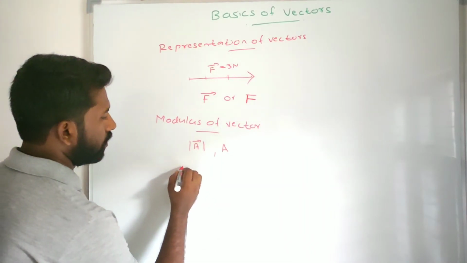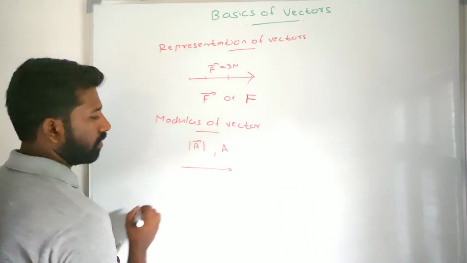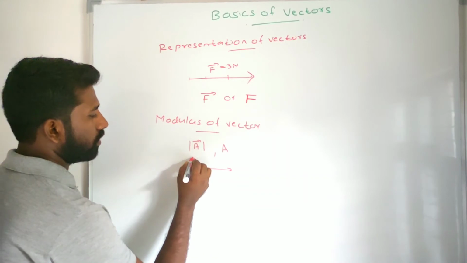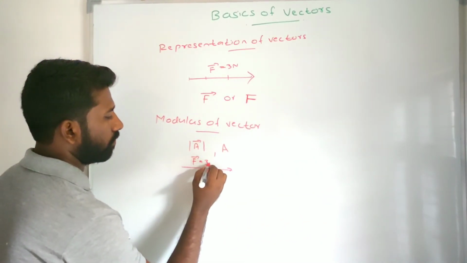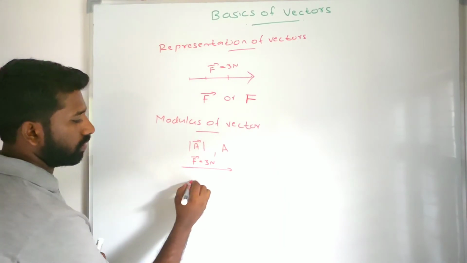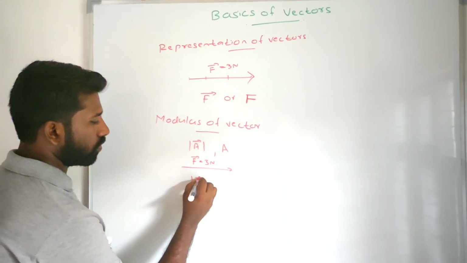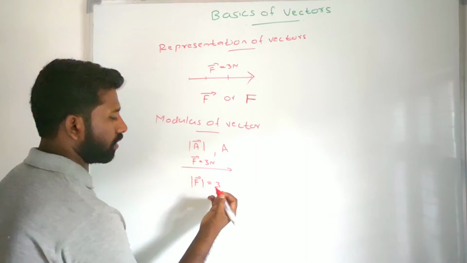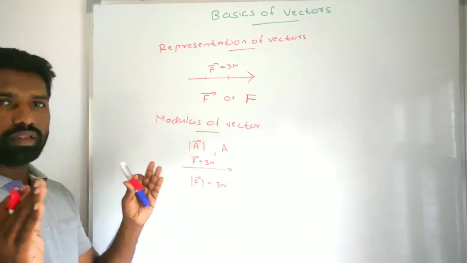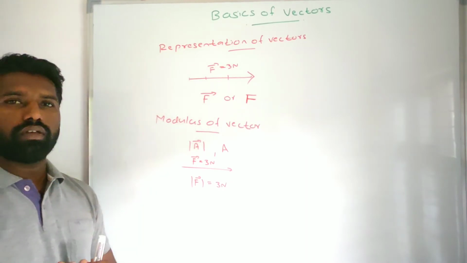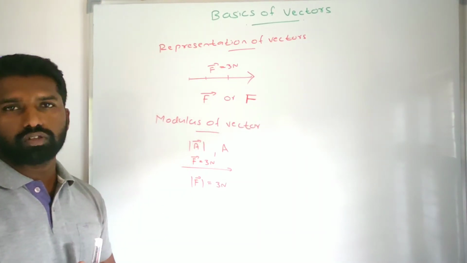That means if a vector F is acting towards east with a magnitude of 3 Newton, that means modulus of F is equal to 3 Newton. This way we can say the modulus of a vector.